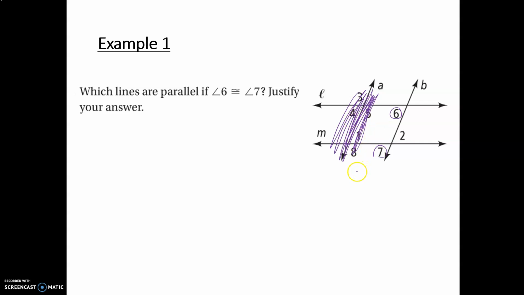Well, first you probably want to point out your transversal, so our transversal will be line B. That's the one that's going across. So that means if any lines are parallel, it's going to be L and M. Are they parallel? Well, yes, because corresponding angles are congruent. So we're going to say line L is parallel to line M because of the converse of the corresponding angles postulate.